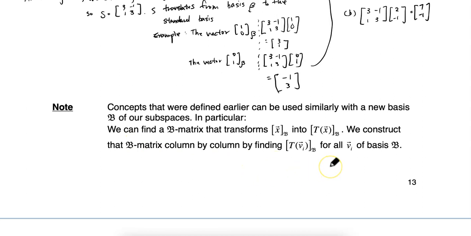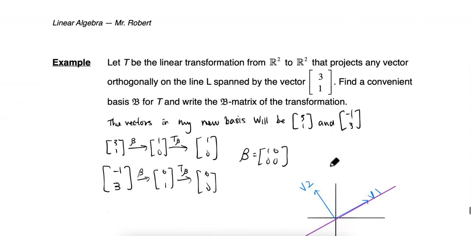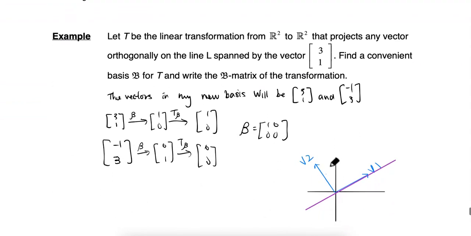If you're not sure what I was saying here, we're going to see an example right away. Originally, when we were working only with the standard basis, to construct the matrix of the transformation we would simply look at the image of each standard basis vector, and for what we're studying now, it is the same. We simply look at the image of every basis vector in the new basis.